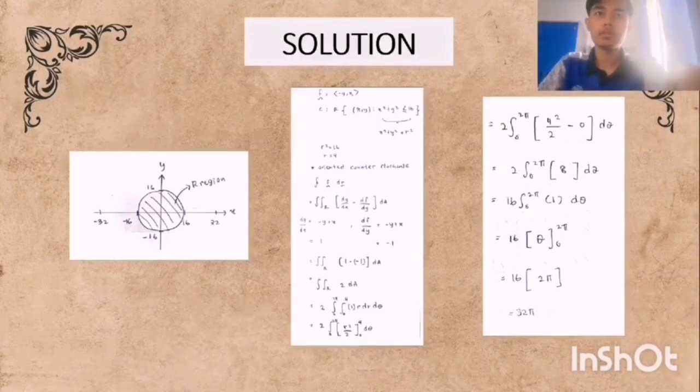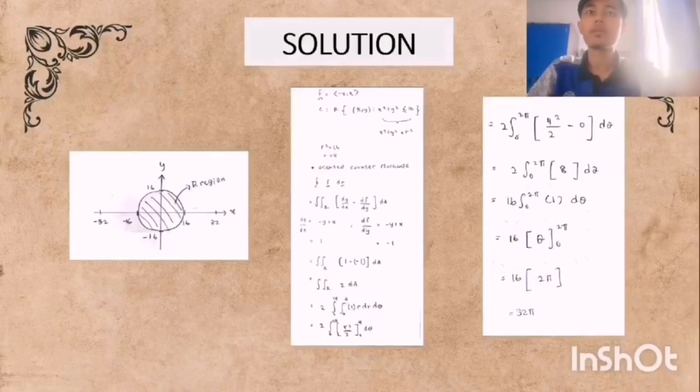The value given in this question is 16, which is r squared. Then we obtain the radius equal to 4 by taking the square root of 16. The circle shows that the arrow of the magnetic field is counterclockwise. So we use this formula to obtain the value.